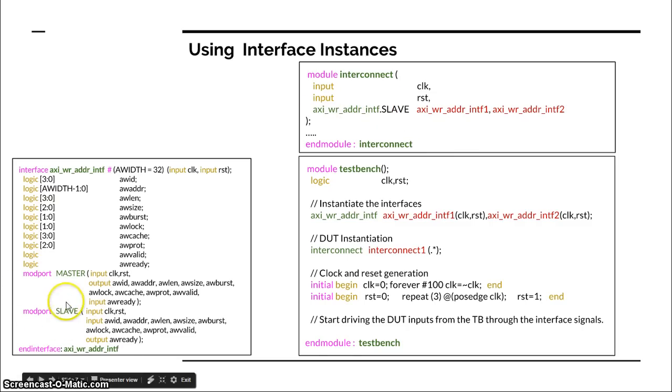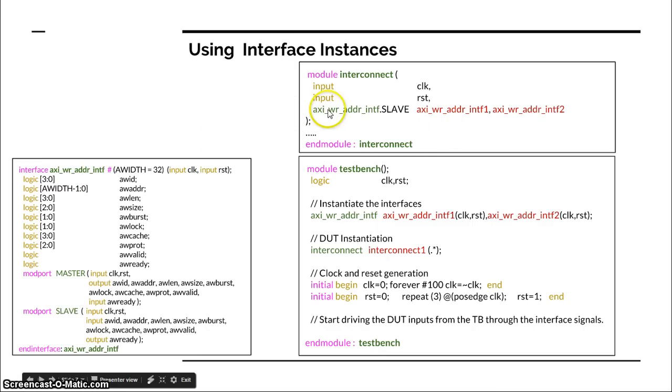So this is a slave modport defined in this interface, and two handles are declared in the module ports. Thus AXI write address interface 1 and AXI write address interface 2 will be the handles of this interface with modport direction slave.